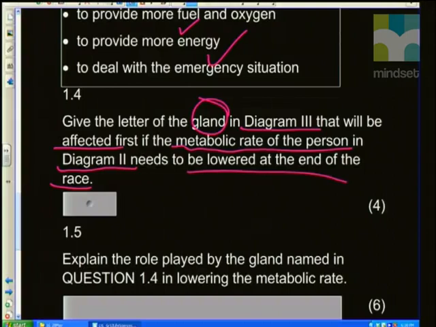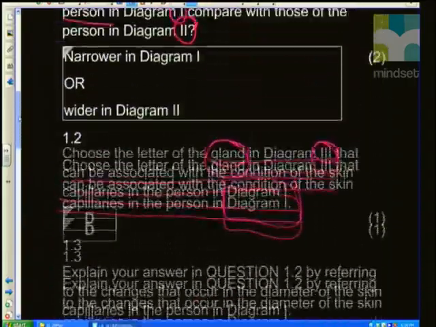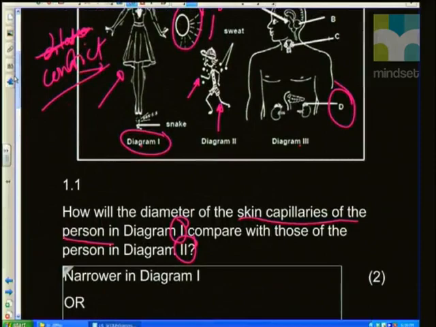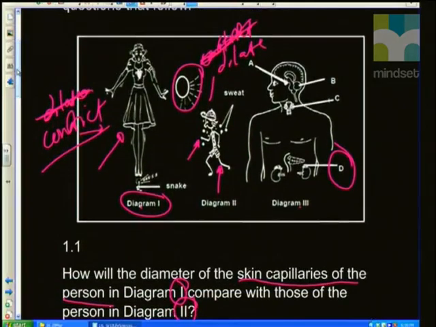Which of the glands will be affected first? So the stimulus is that the metabolic rate is high. Which is the control center for that? Thyroid. Thyroid gland? Is that the control center? No. Which is the control center? Pituitary. The pituitary gland.